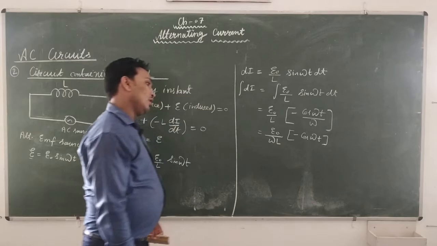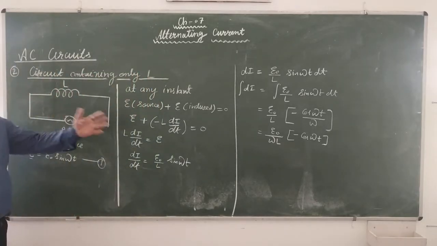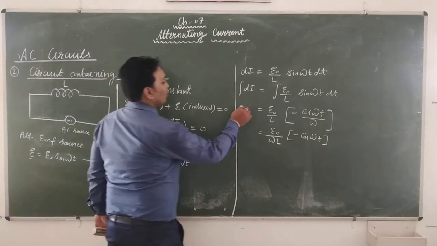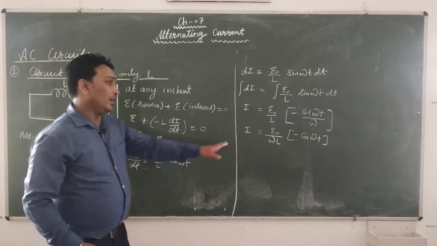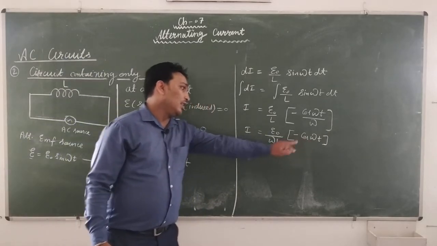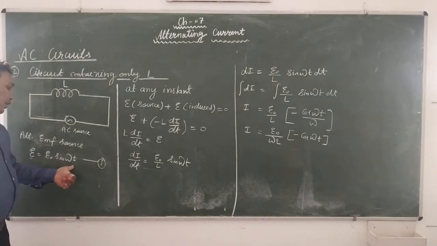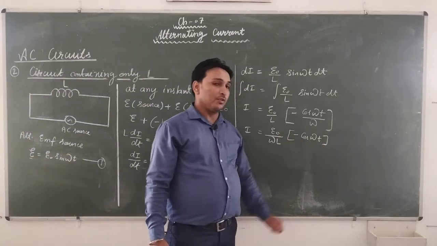Now if we want to compare the phase of current with the voltage: the phase of current is omega t with cos, with a negative sign, and the phase of voltage is omega t but with sin. So we need to make sure that this also varies in terms of sin.